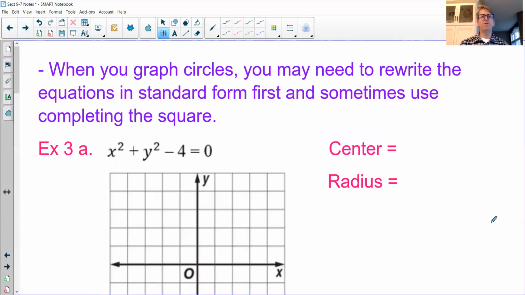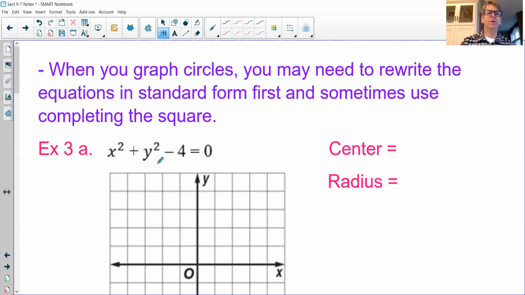So when you graph circles, you may need to rewrite the equations in standard form first and sometimes use completing the square. Okay, so we're going to be given the equation of the circle, and you're going to be asked to determine what the center is and the radius is, and you're going to be asked to graph it.